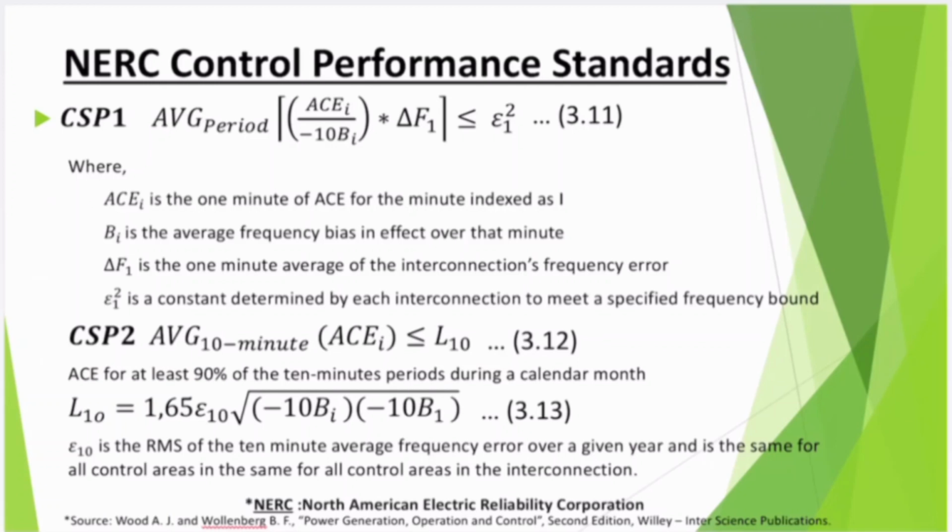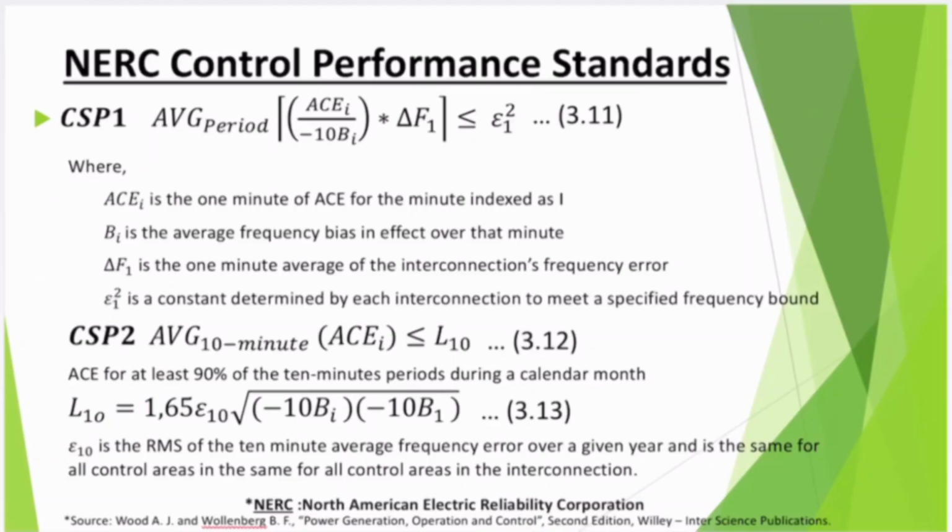Epsilon 10 is the RMS of the 10-minute average frequency error over a given year, and is the same for all control areas in the interconnection. It means you can certainly face some practical challenges, but those challenges need not be so frequent. Otherwise you will be penalized very seriously by the central authorities.